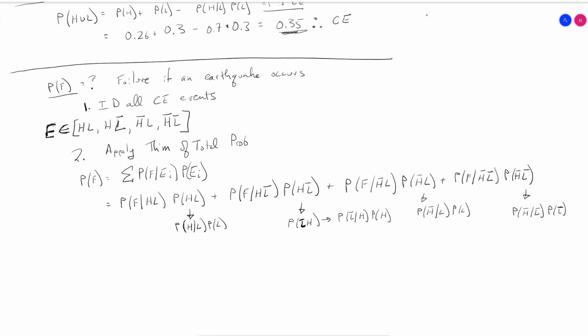All right, now we're in a situation where we can put numbers to everything. So what I'm going to do is just plug in numbers for each of these terms. Okay, so we're going to have four sets of numbers that we're putting in here.